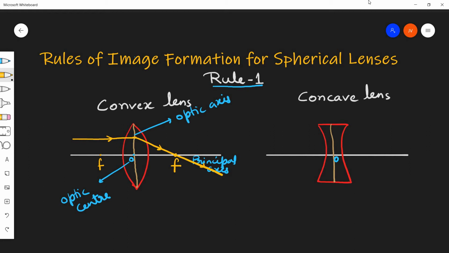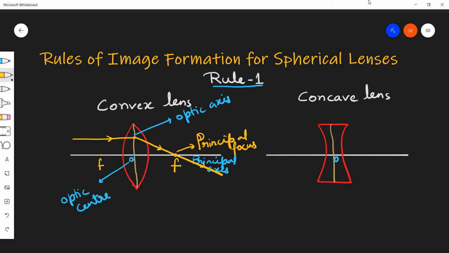In case of convex lens, the ray of light that is parallel to principal axis, after refraction passes through that point, which is known as the principal focus. So, principal focus for convex lens lies towards the right side.